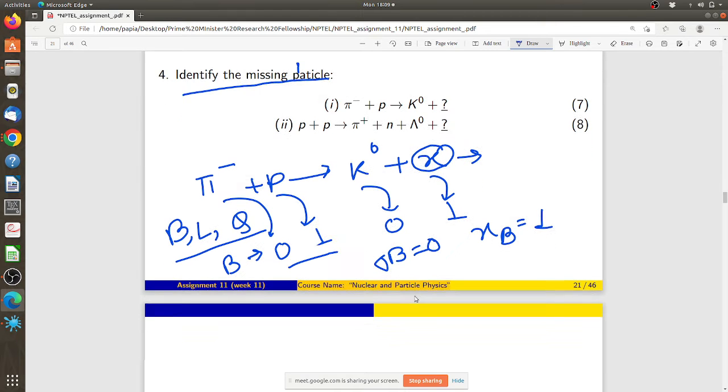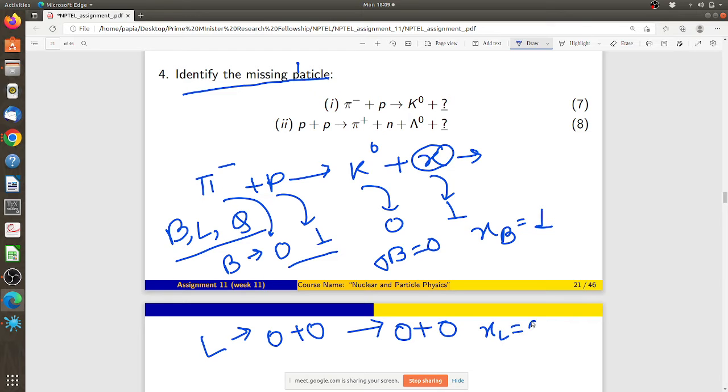Now coming to the L part. You can see that pi minus, p, K0, these are all non-leptonic particles, so 0 plus 0 on the left, and on the right hand side obviously 0 is there. That means it is not a leptonic particle, so x of L equals 0.